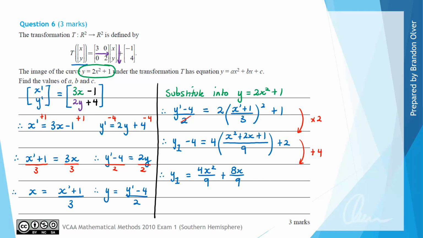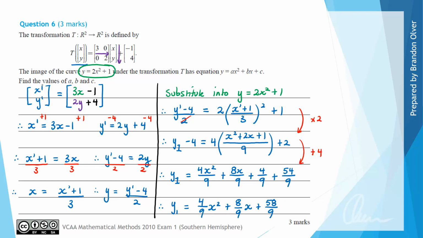And then we have 4 times 1 is plus 4 over 9. And then we've still got plus 2 plus 4 is plus 6. But I'm going to write that plus 6 as being plus 54 over 9 so that we've got a common denominator. So therefore, y1 must equal 4 over 9 x squared plus 8 over 9 x plus 58 over 9.